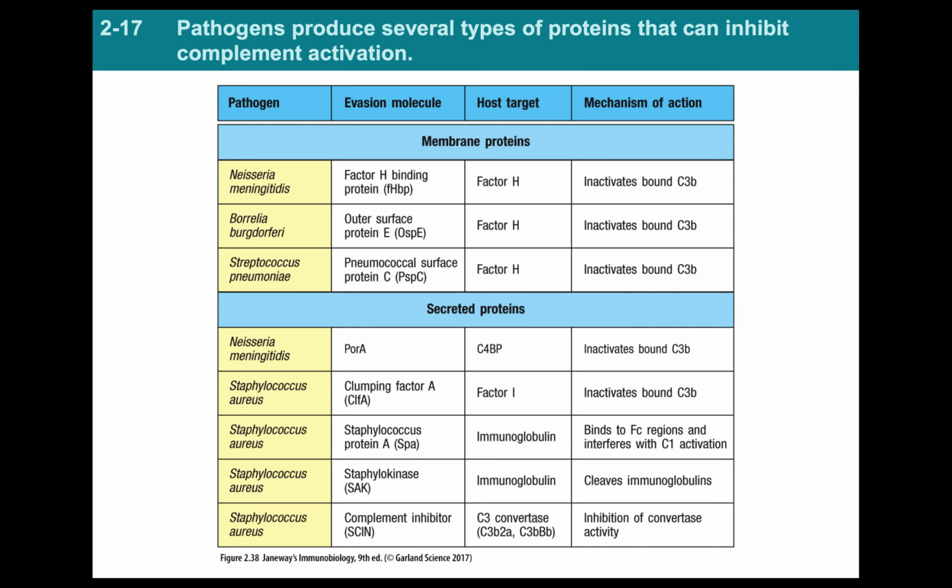Now, complement is something that is very difficult for bacteria to evade. There are a few molecules that have been developed in just a few bacteria that seem to have some effect, but none of these is completely effective. Complement is actually a really good thing. This is going to be eventually effective against pretty much any kind of bacteria that would get inside of you.